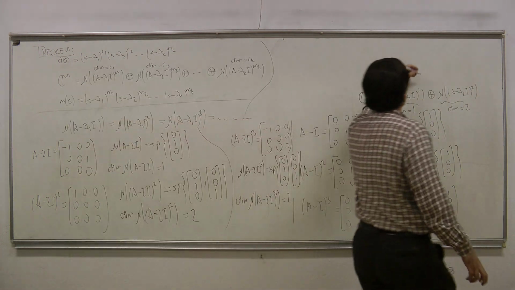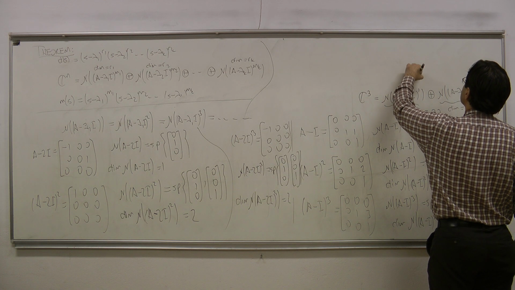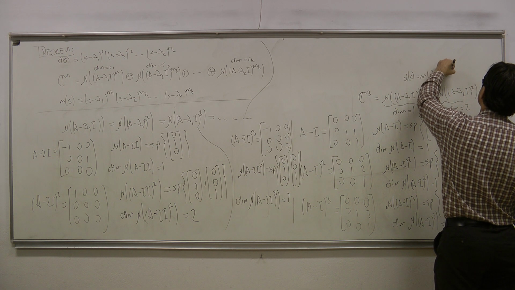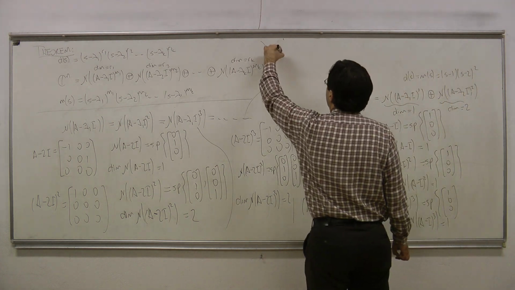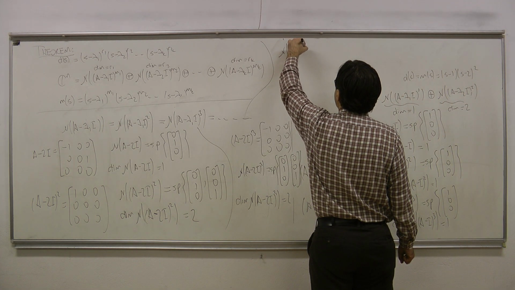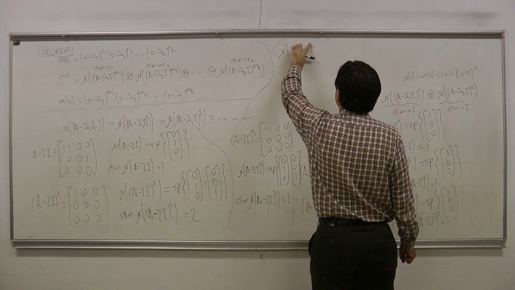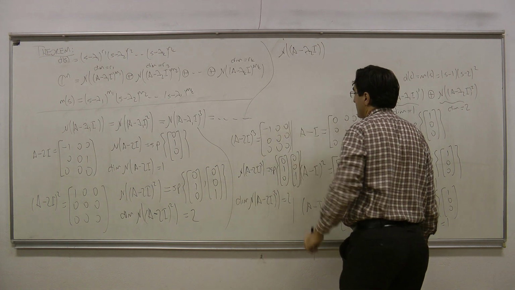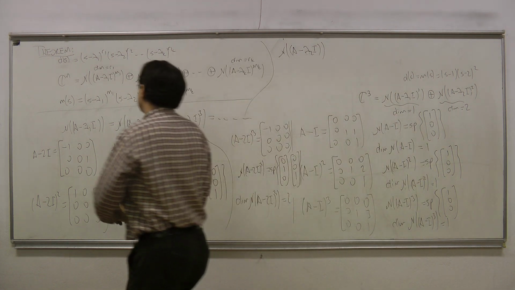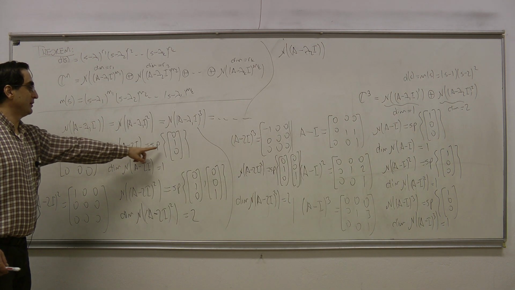So I will just write here D of S is equal to M of S, S minus 1, S minus 2 squared. So now let us look at the other null space. Null space of A minus 2 identity, or I would write lambda 2 identity. Okay? This is this eigenspace that I have found here.